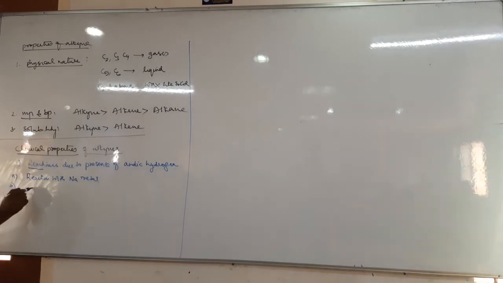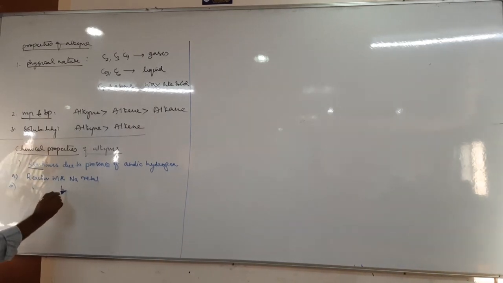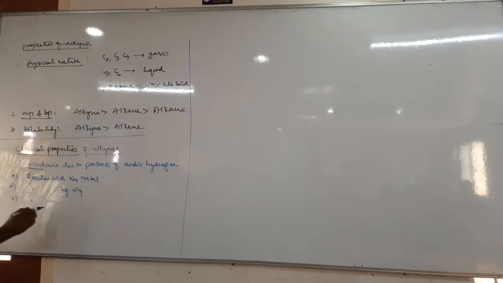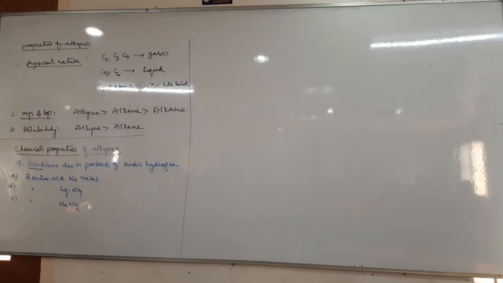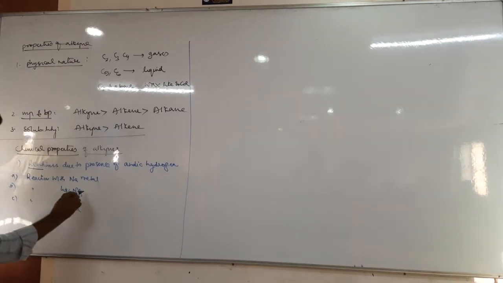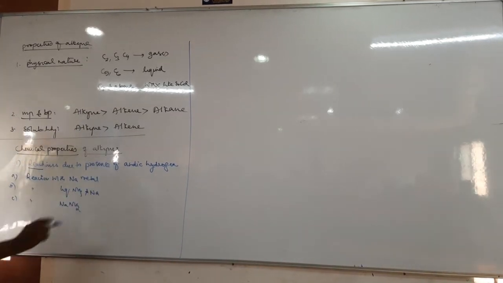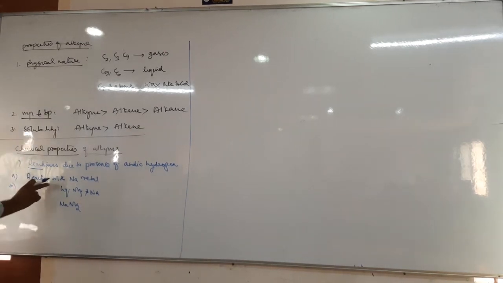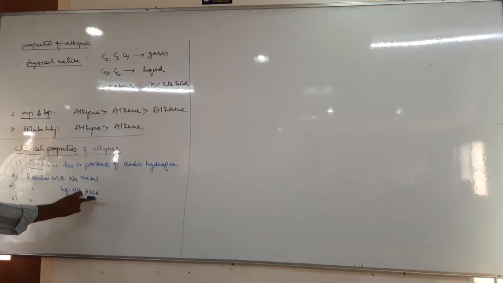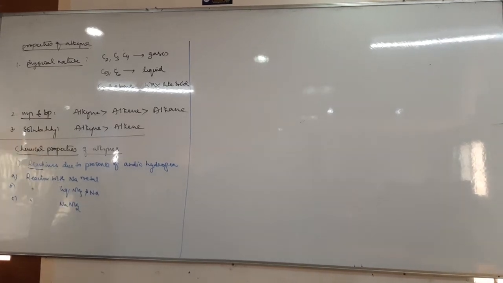B, reaction with liquid ammonia. C, reaction with sodamide. So these three are similar: sodium, sodium in liquid ammonia, and sodamide. In all three cases, sodium replaces the hydrogen.